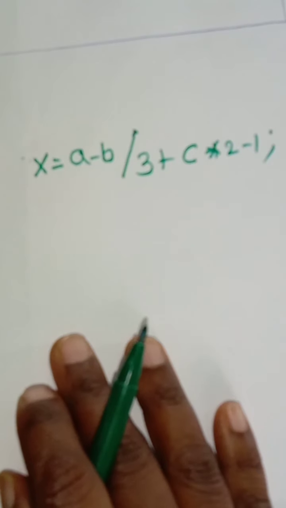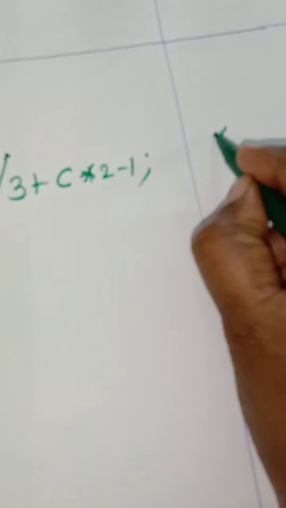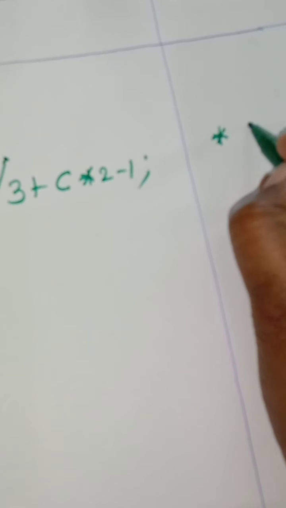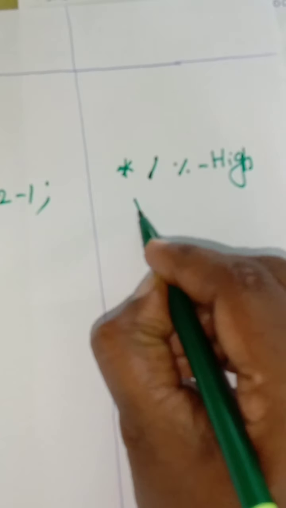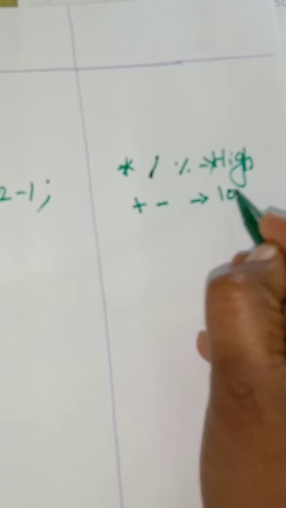Actually, the star, slash and the modulo division have the highest priority, whereas positive and negative have the lowest priority.